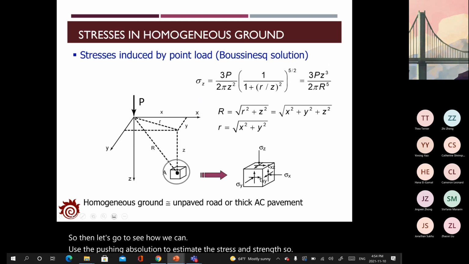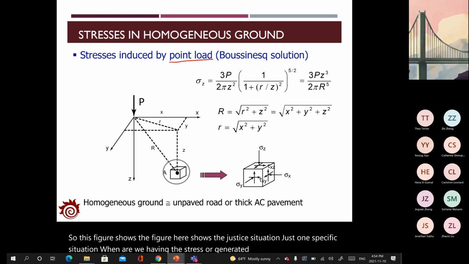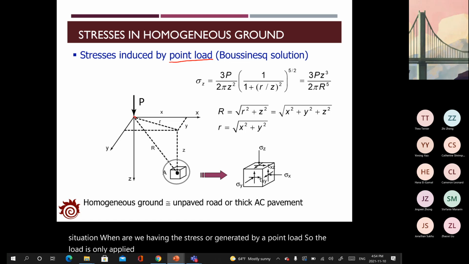So this figure shows one specific situation when we have the stress generated by a point load. So the load is only applied at one point instead of applied in the contact area.